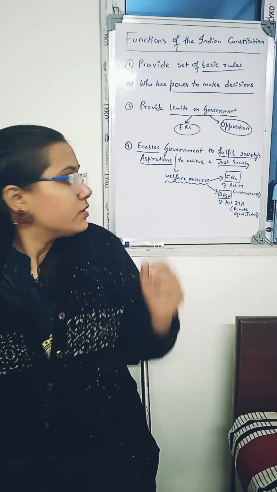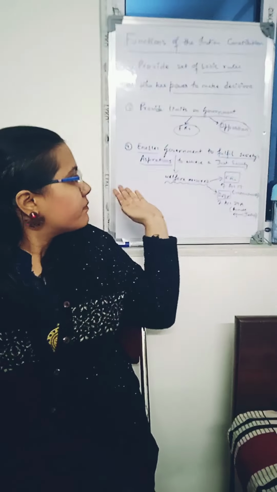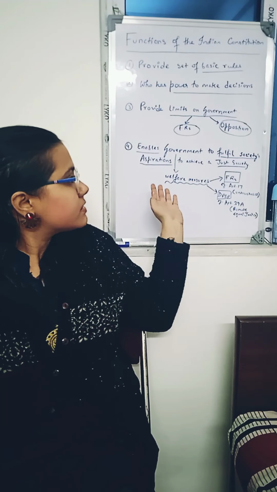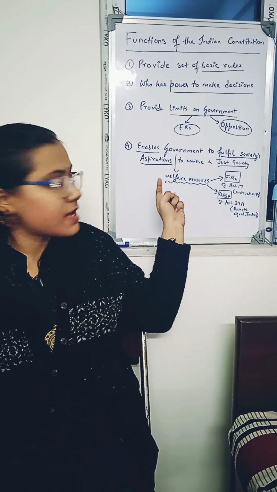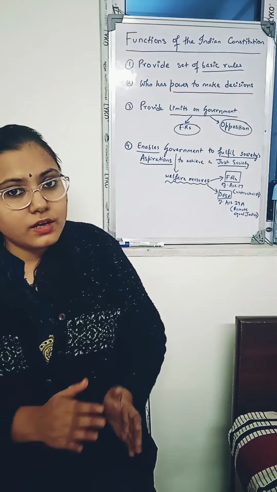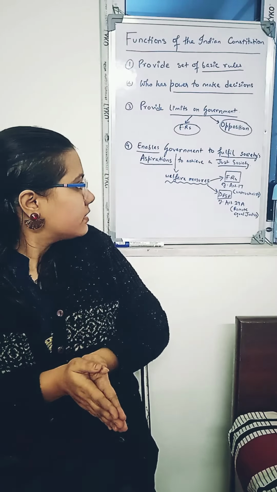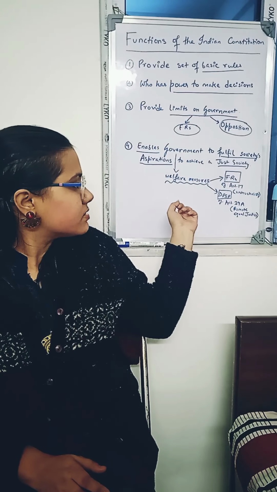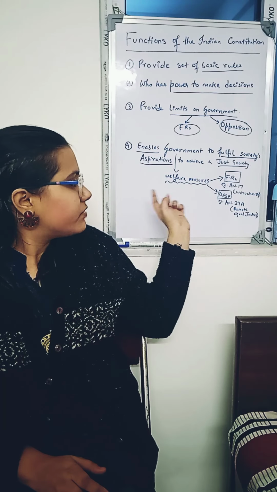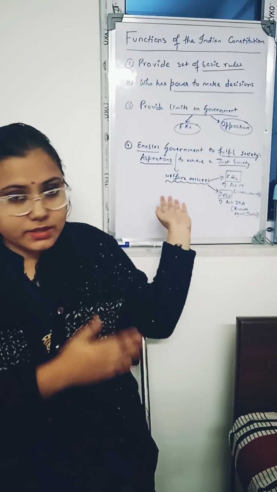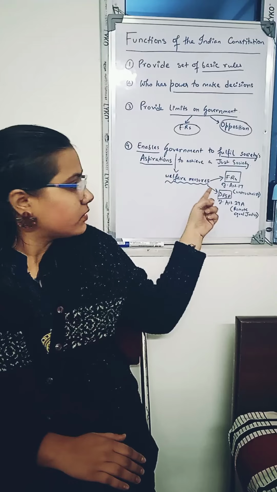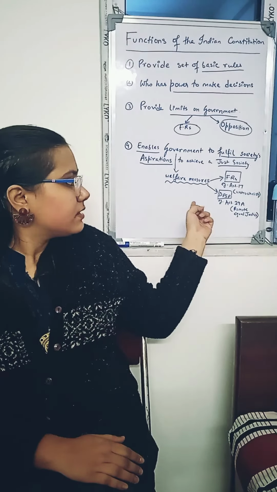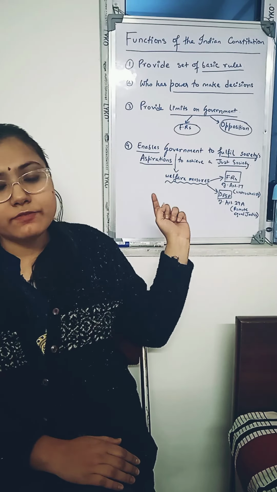Through the fourth function, the government is empowered to fulfill the society's aspirations. And how are these aspirations fulfilled? Through certain welfare measures, which are the FRs, the fundamental rights, and the DPSP, the directive principles of state policy.